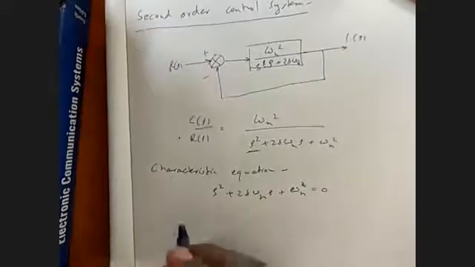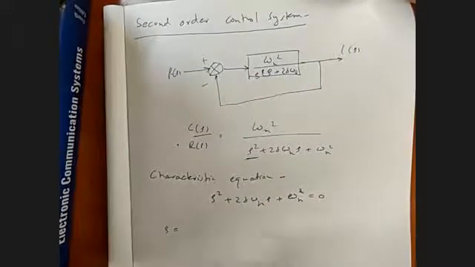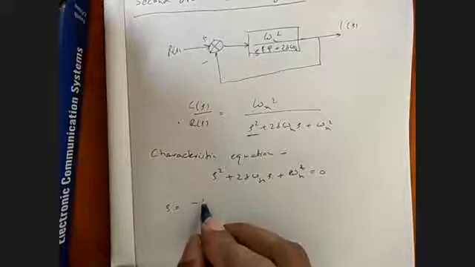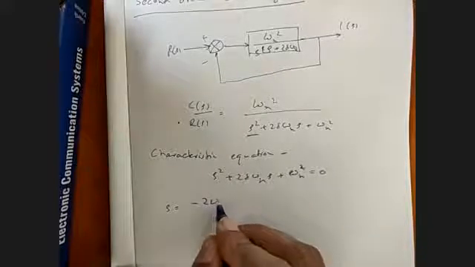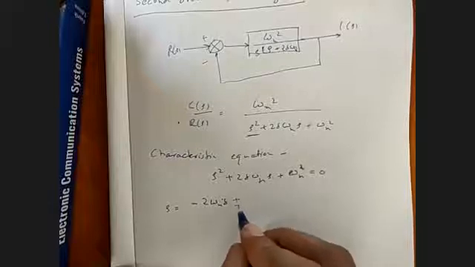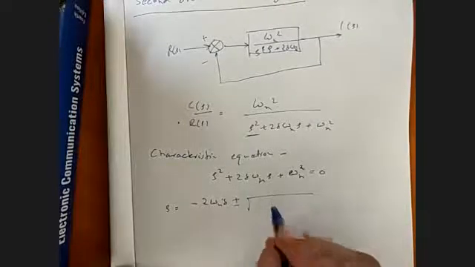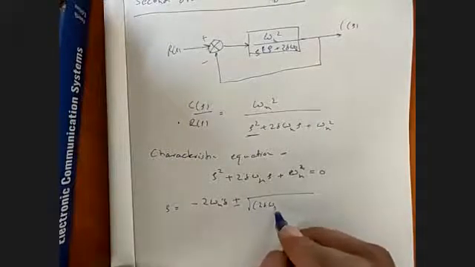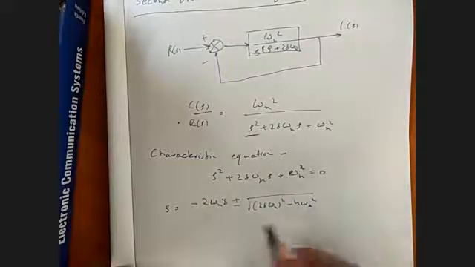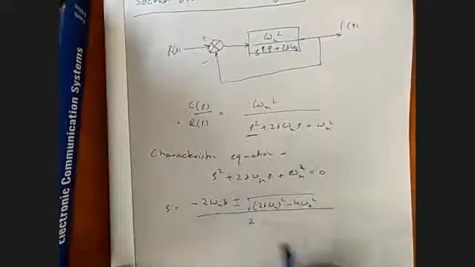The roots of this characteristic equation will be s equal to minus 2 delta omega n plus minus under root (2 delta omega n) square minus 4 omega n square, upon 2.